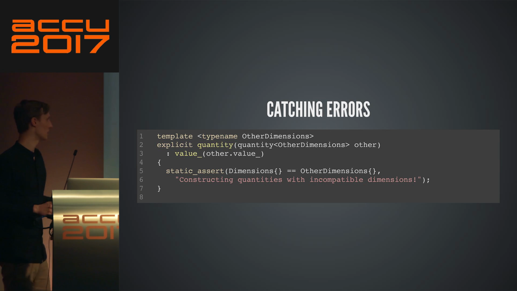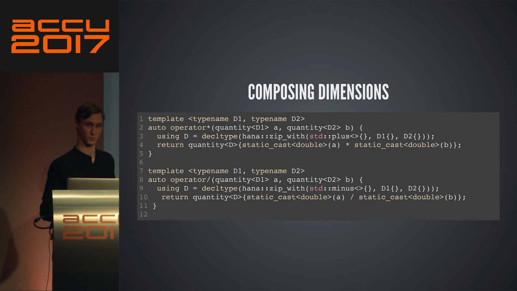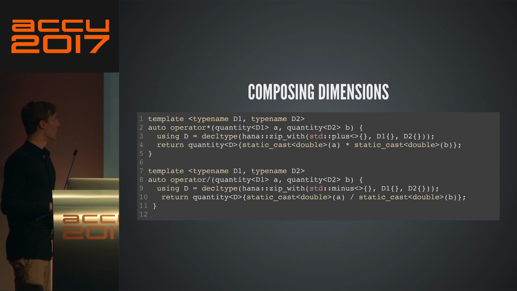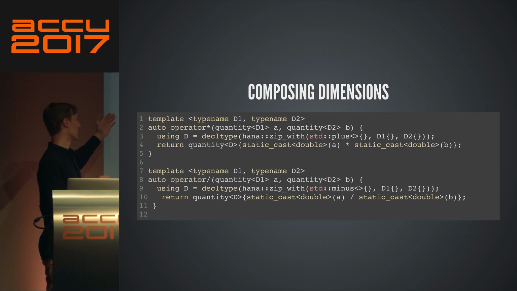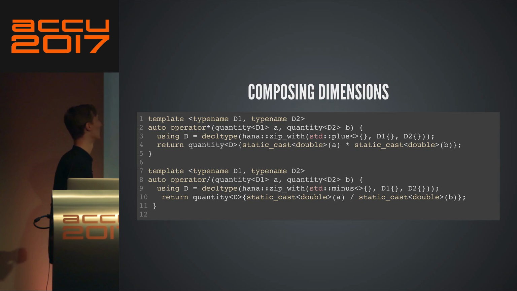And now, probably what you're interested in is composing dimensions in a free-form manner. And this is really easy to implement. You just overload the operators that you want. So here, we're given two quantities. We want to multiply them. How do we do that?